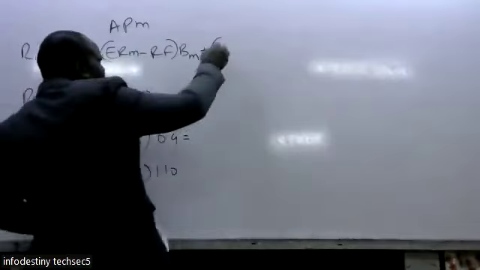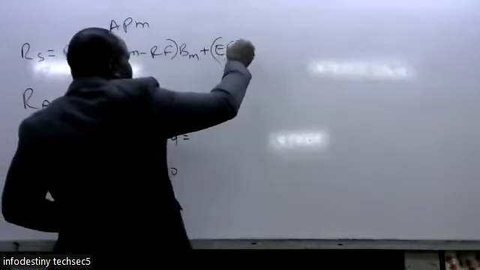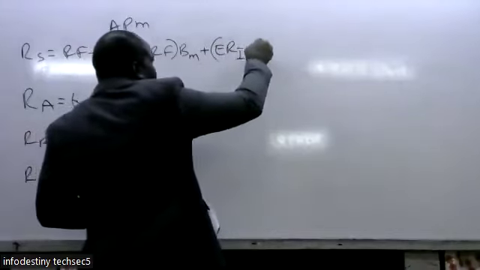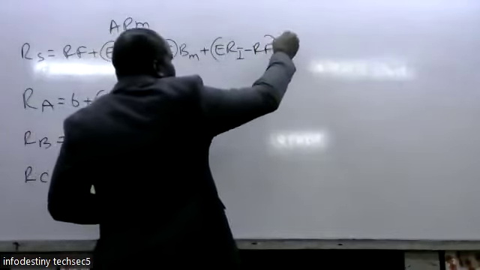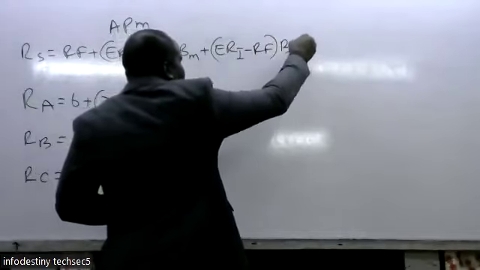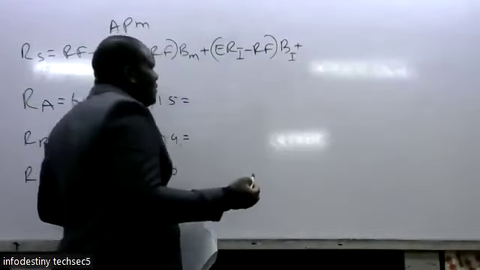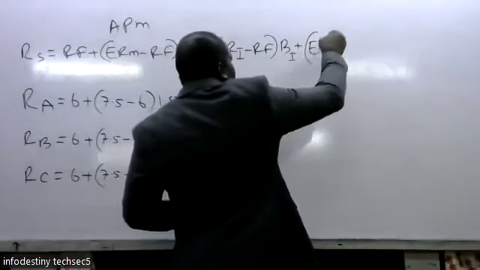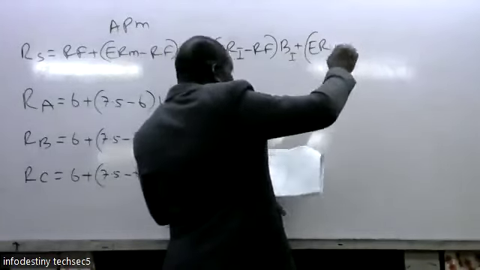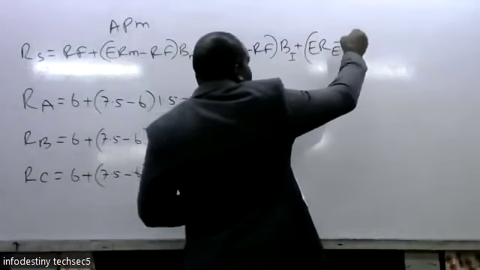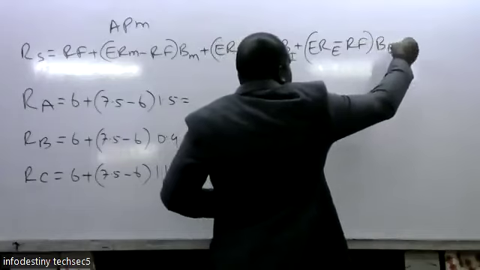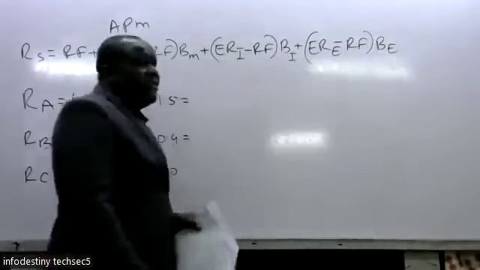Now we factor in the inflation. There is market, inflation, and economic growth. So we include the expected return for inflation minus the risk-free rate, the beta factor for inflation. Also, the expected return for economic growth minus the risk-free rate, the beta factor for the economic growth.